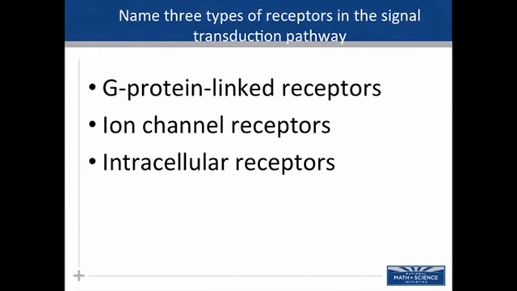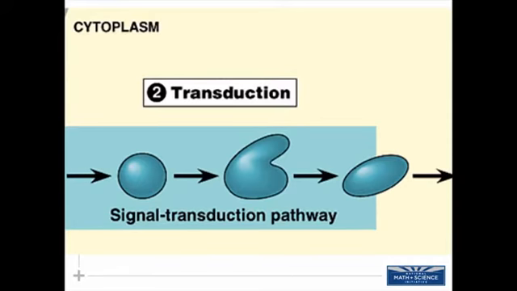So that's the first stage in the signal transduction pathway. The next thing that has to happen in the cell communication path is that this message is going to have to be transduced, which just means changed. The signal comes in and then something has to happen.